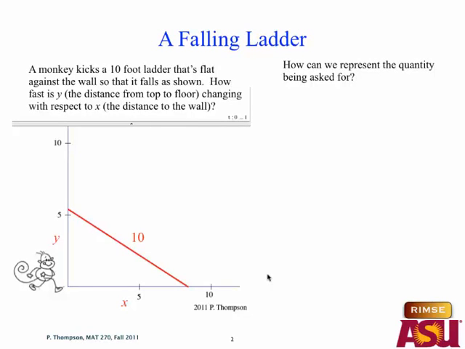So how can we represent the quantity being asked for? We just said that. That's dy/dx, or y prime. And the question is, what do we need to determine dy/dx or y prime? Think back to your homework over the weekend. What is it that you had that you were able to find a dy/dx or y prime? The dy/dx doesn't just come out of nowhere, right? It comes from what? This is a key element in what we're going to do next.